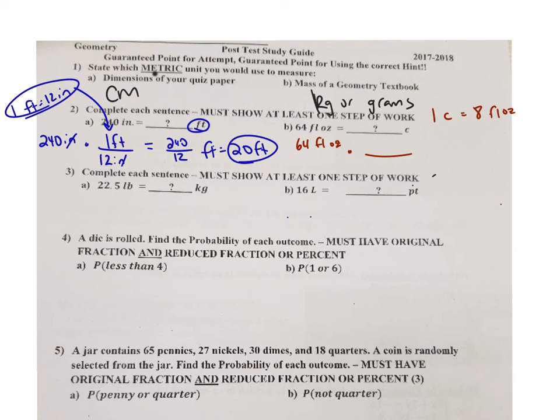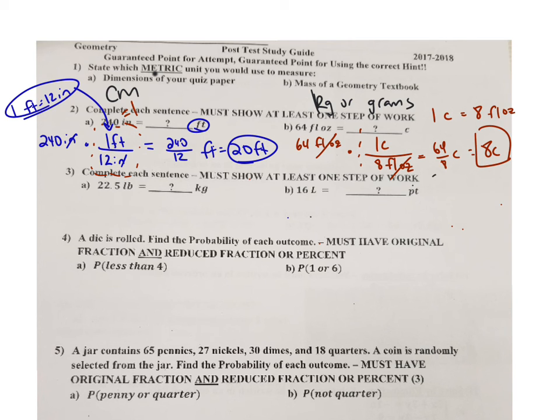Remember, this is going to be equal to 1 because it's a conversion. So I'm going to put 1 cup on top of 8 fluid ounces. The reason I put 8 fluid ounces on the bottom is because I want the ounces to cancel. So this is 64 over 8 cups. So this is just 8 cups.